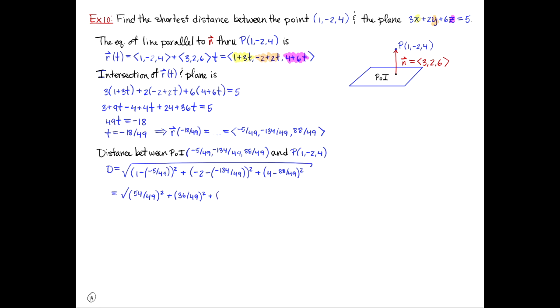That simplifies down to 108 over 49 quantity squared. Squaring it and combining, we get the square root of 324 over 49, which is equal to 18 over 7.